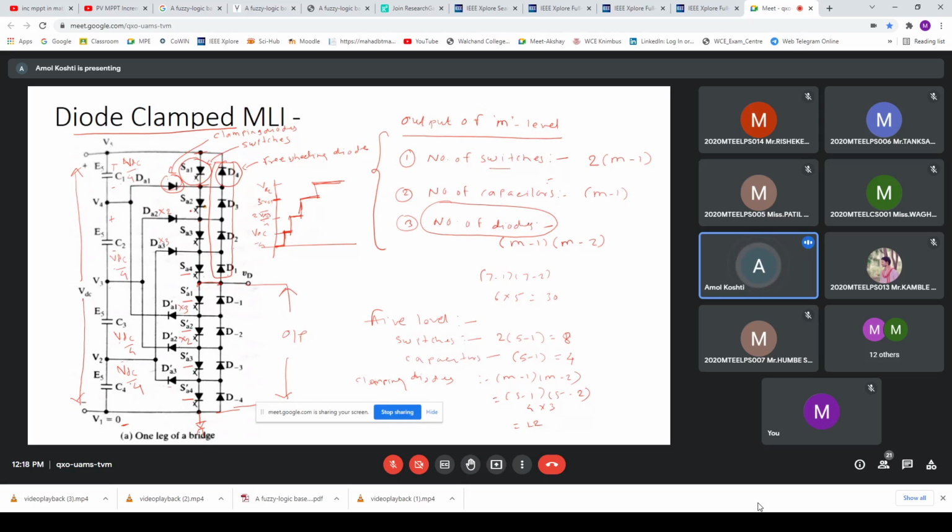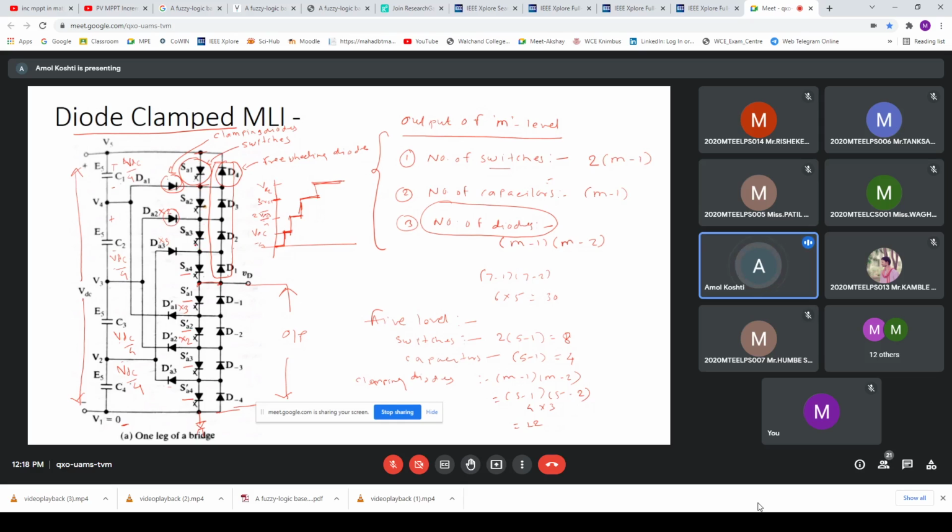To sustain that voltage, we need to increase the diodes, because ultimately we have to clamp this voltage level, and this single diode will not be able to clamp it. That is the reason we have to add one more in series. As we clamp the next level, again you see these three switches are there.